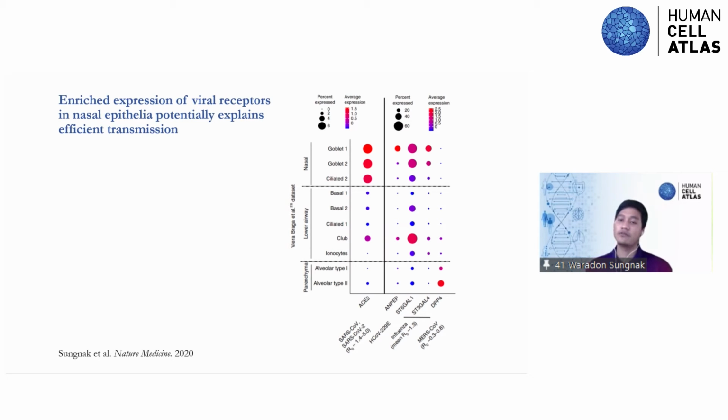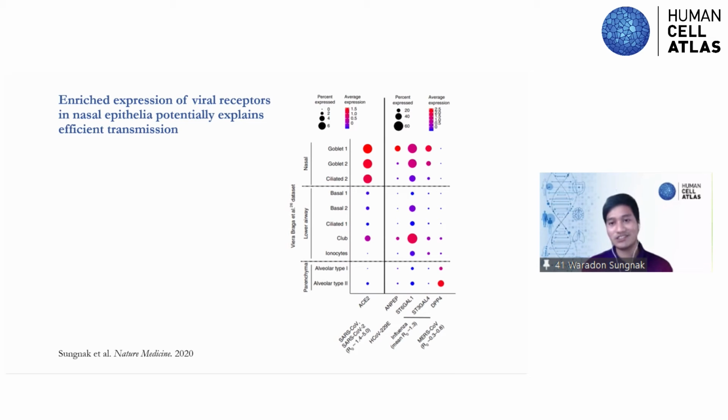And we found that for viruses that are expected to be easily transmitted, the expression of the receptor and the entry genes are more biased toward the upper airway, while the expression of the receptor for the virus that is more limited in human-to-human transmission is more toward the lower airway, suggesting that this could be a mechanism why some of the respiratory viruses are more efficient in transmission than others.